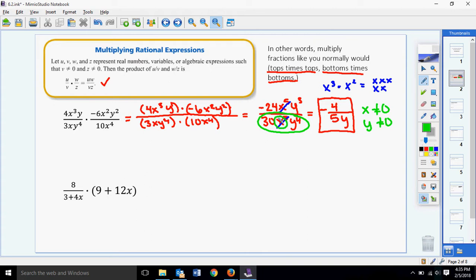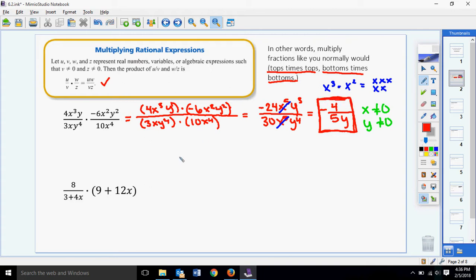This x right here cannot equal 0. It would turn my whole denominator into 0. But if you've talked to me about 6.1, we know that we aren't really concerned with our domain because WebAssign homework puts it in for you. My main concern is that you understand how to multiply these rational expressions and get the simplified version.